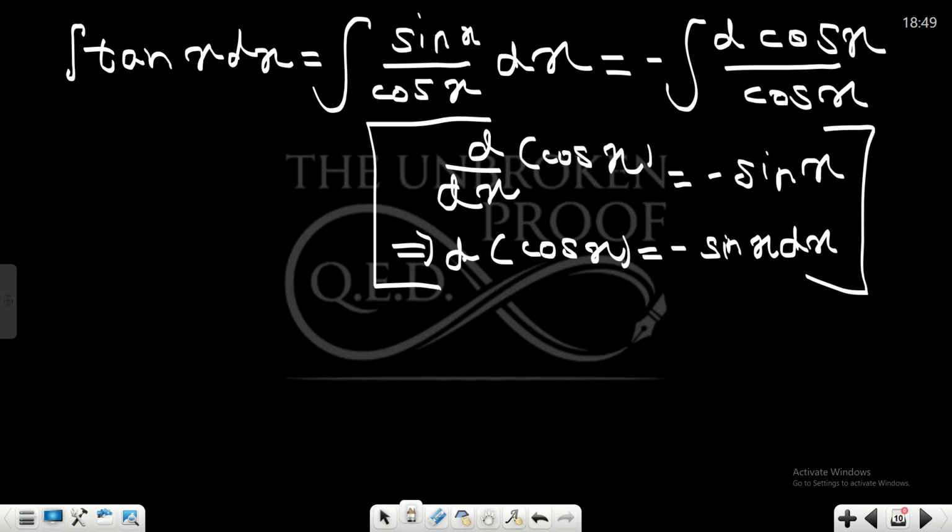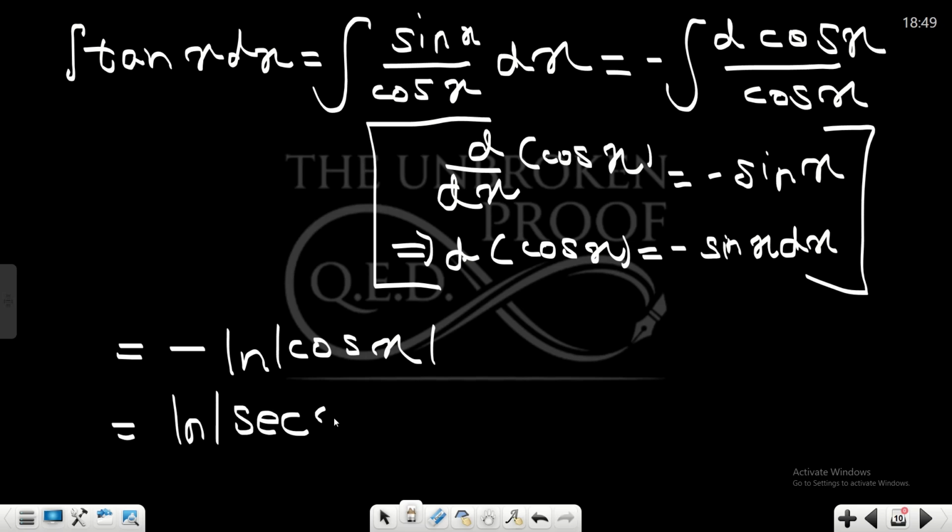Okay, so this is what I have written in the numerator, and if you say this is in the form of dt by t, you can write this as minus of ln cos x, and generally we write mod over here. Okay, and if you place this minus inside, you will get ln secant x, ln mod secant x.